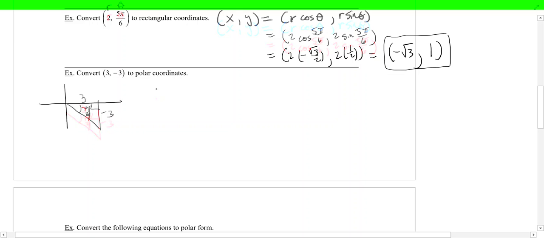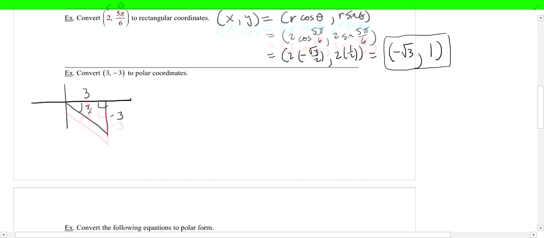Well, the radius is pretty easy. So we know that that's pi over 4.